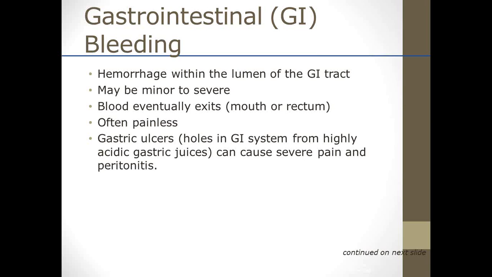GI bleeds are kind of an interesting topic. It is bleeding within the GI tract, and it can be bleeding in the stomach or above, or it can be bleeding below the stomach. Either way, the blood is eventually going to exit the body, and that's when we're going to be able to recognize it.